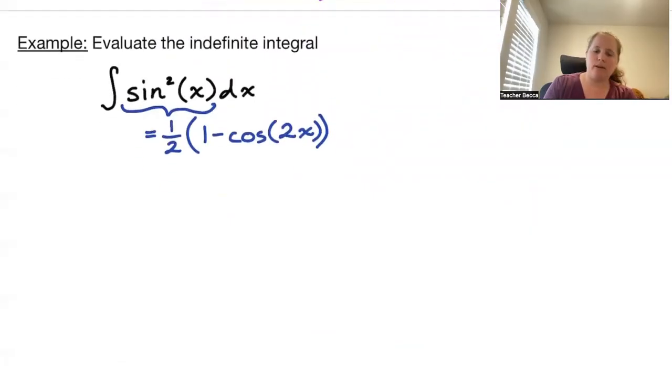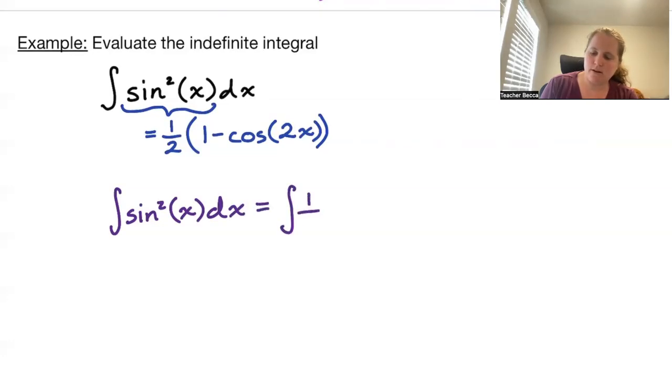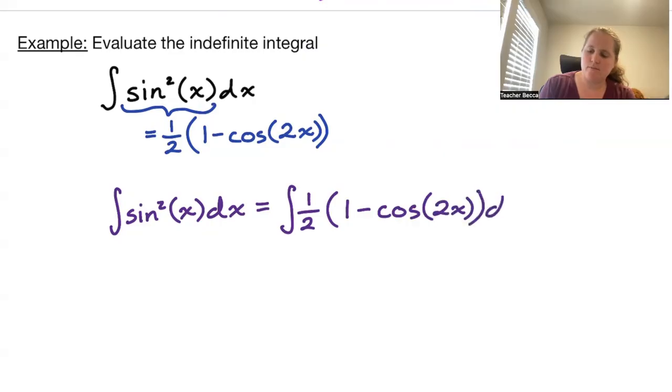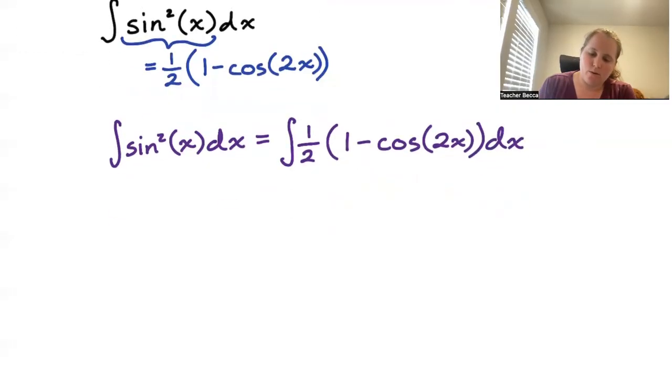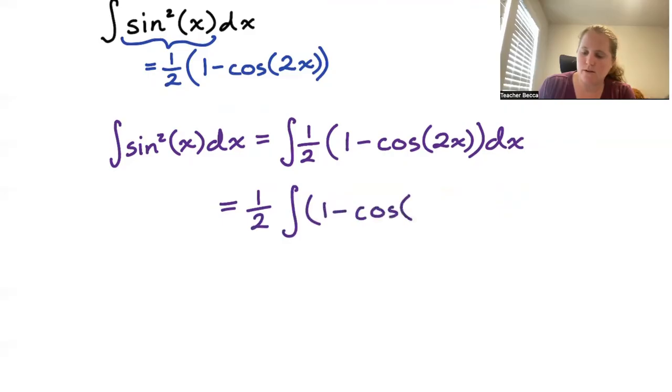So we wind up looking at our integral of sine squared of x dx is just the integral of 1/2 times 1 minus cosine of 2x dx, or 1/2 times the integral of 1 minus cosine of 2x dx.